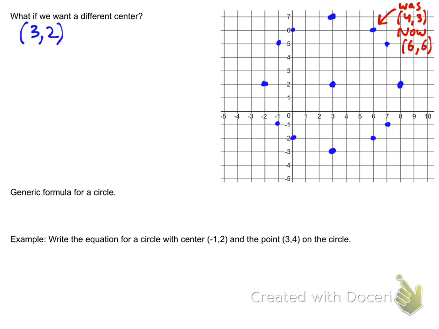So the idea is we want to think of an equation where if we plug in 6, 6, it does the exact same thing that 4, 3 did in the old equation. And I don't have that shown on the screen there, but you can look up at the old equation and figure out if that's what's going on. So let's do that together. First of all, it is going to be something squared plus something else squared equals 5 squared. That much stays the same.